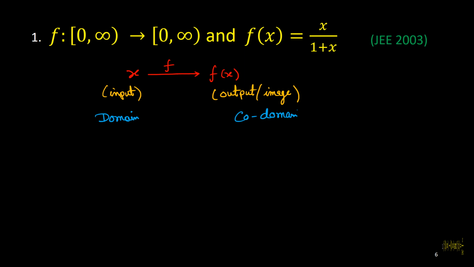In this case, this range is specified. This is the domain defined for the function, and this one is the interval 0 to infinity, all positive real numbers. This is the codomain.